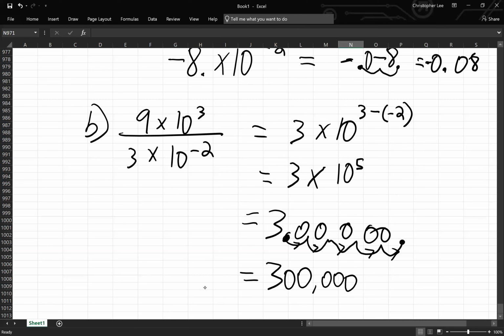Whatever is divided, always top minus bottom. What is multiplication? Multiplication, you add powers, right? Questions on this? Okay.